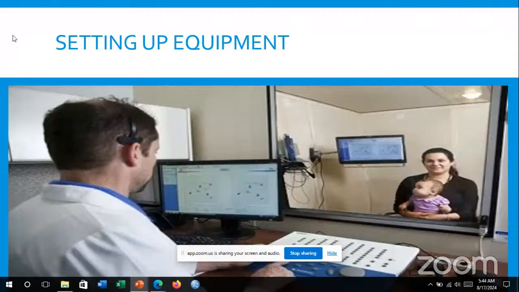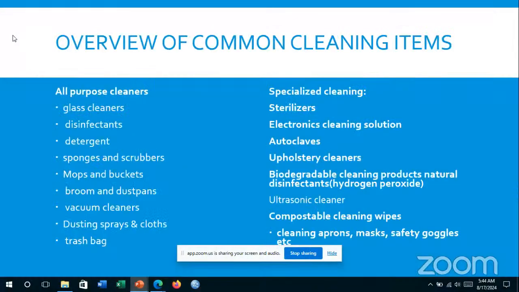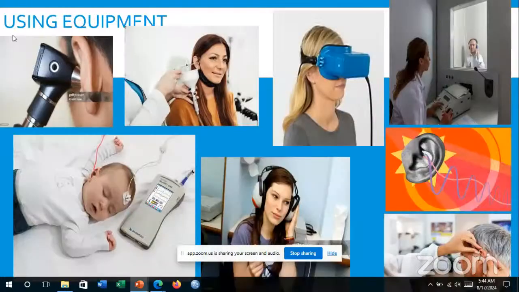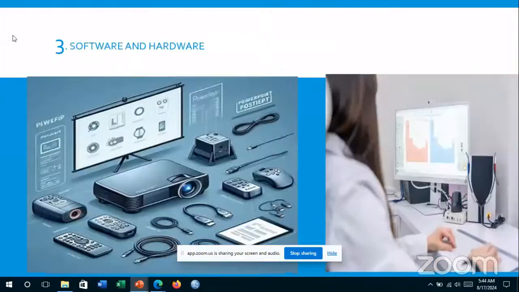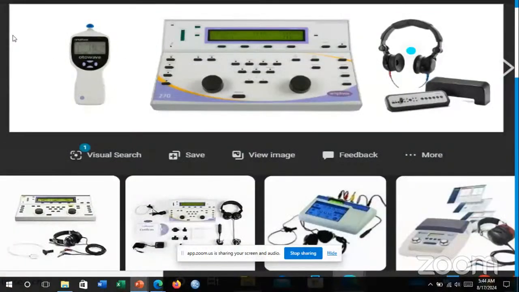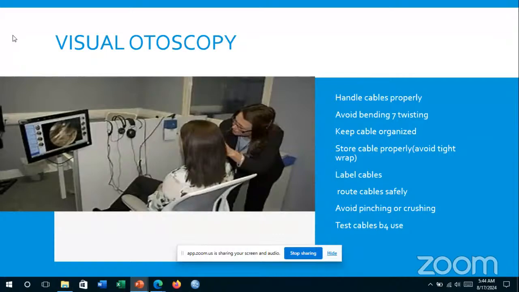The next ones are the equipment, different audiometers that are placed there. When you are setting up equipment, it depends on your motive, on why you want to use it. Which particular audiometer do you need for a particular purpose?